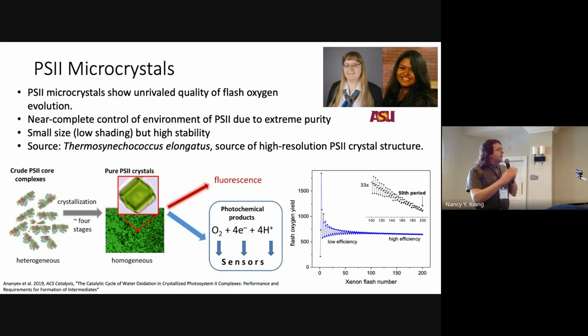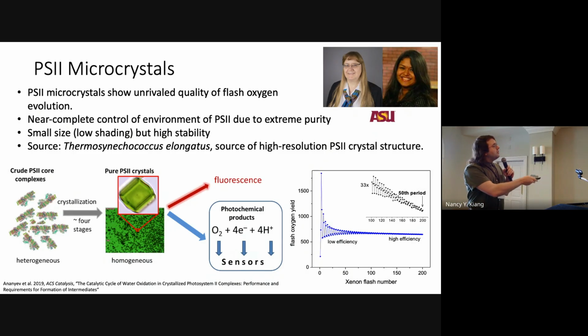The way that this is possible is if you have extremely highly purified photosystem 2. So microcrystals that have been generated via a series of repeated recrystallizations, then since you have such well-controlled photosystem 2, you can regulate what the available acceptors are for it and get amazing efficiency of operation of the water oxidizing complex.